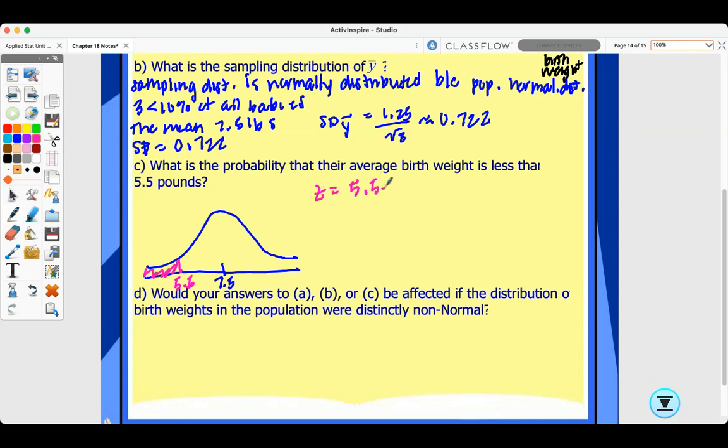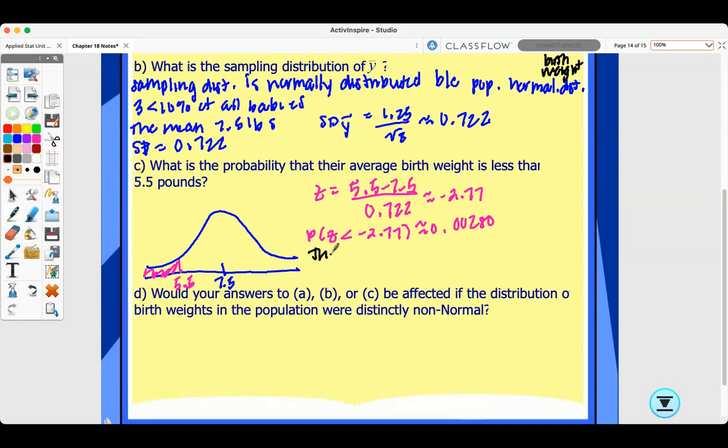So 5.5 minus 7.5, all over our standard deviation of 0.722, which is about negative 2.77. So the probability that z is less than negative 2.77, putting that into our calculator, normal CDF of negative 1e99 to negative 2.77, is about 0.00280. So there's a very small probability.